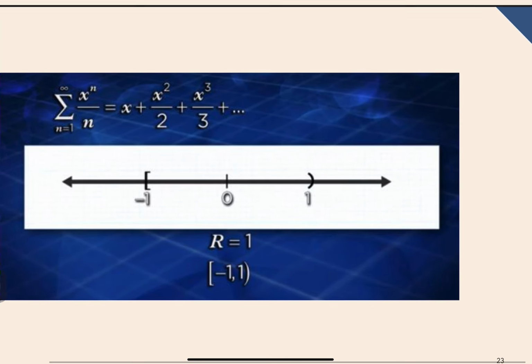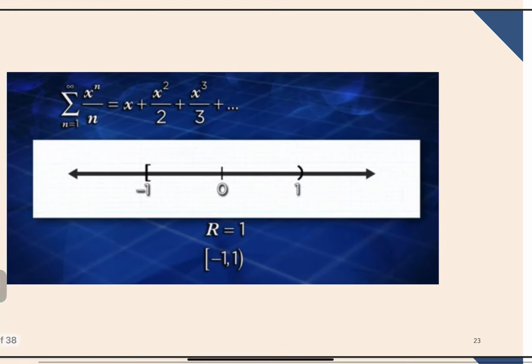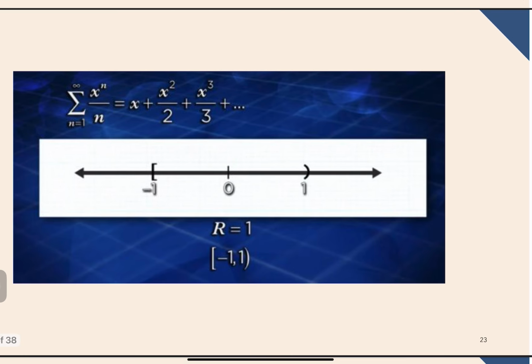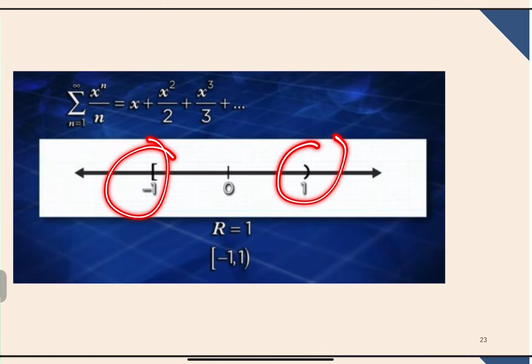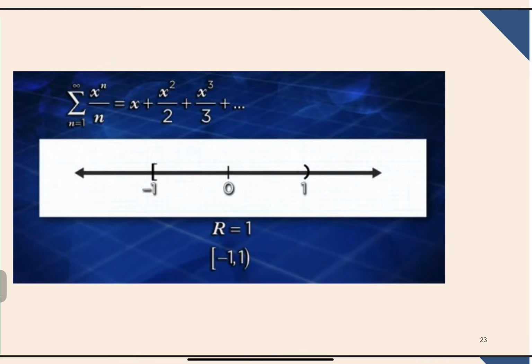We illustrate it with an interval that's half open and half closed. It converges at negative 1 and diverges at 1, so it's closed, open, half closed. The interval has a total length of 2 because the radius is 1.